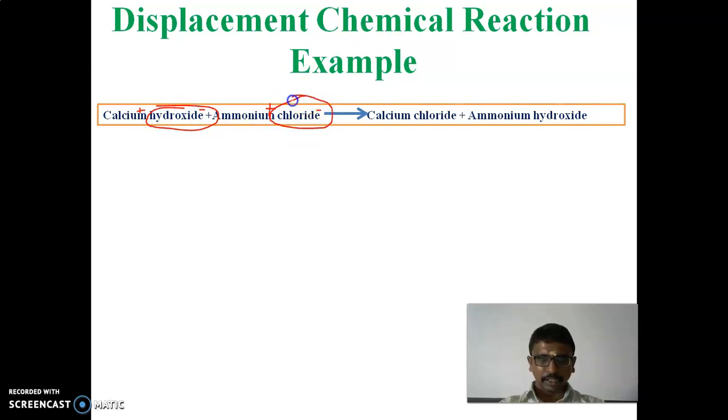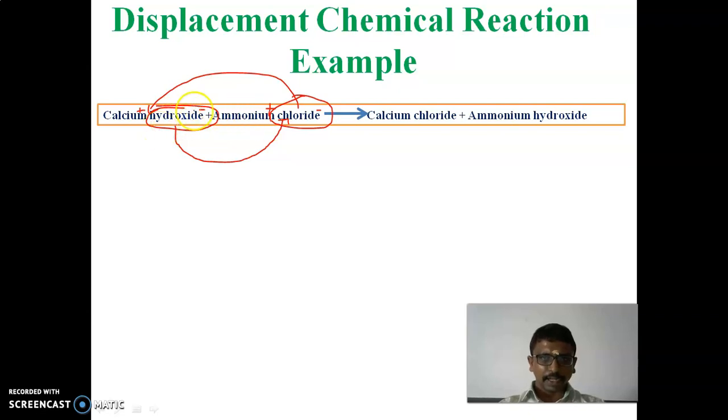Here you can see the hydroxide is displaced here and the chloride is displaced with a hydroxide. So calcium hydroxide plus ammonium chloride will form calcium chloride plus ammonium hydroxide.